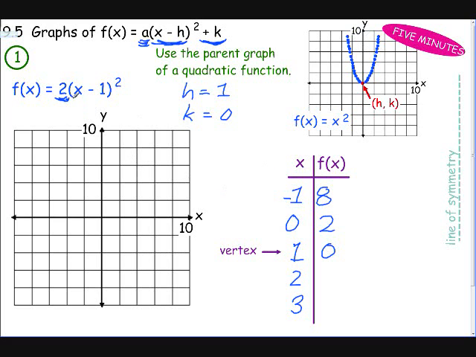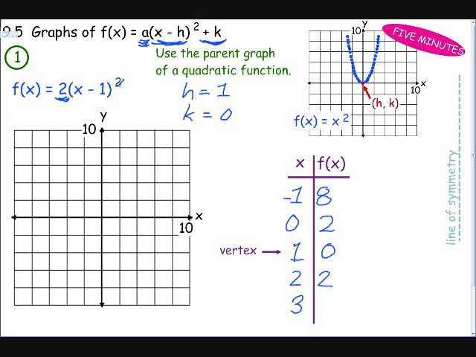Okay, let's try putting a 2 in. A 2 minus 1 gives me a positive 1. Squared is still a positive 1 times 2. So 1 times 2 is 2. Put in a 3. 3 subtract 1 gives me a 2.